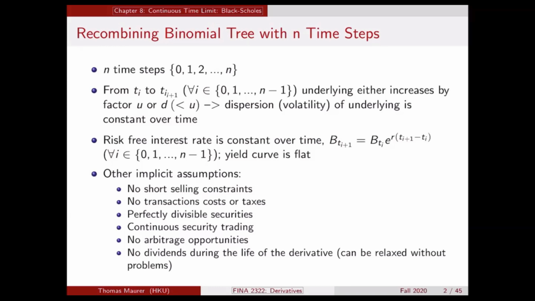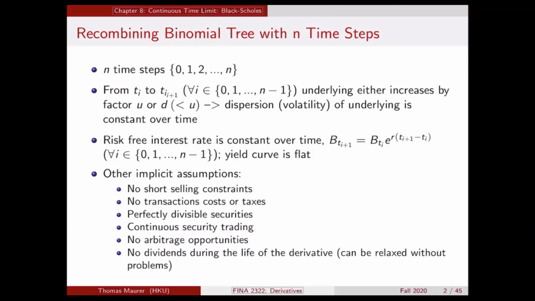Now, in our tree, we assume that u and d are constant through time and constant across all these subtrees within our big binomial tree. That's effectively the same as saying that the dispersion or the volatility of that underlying asset is not changing through time. That's one of the key assumptions in the Black-Scholes formula.